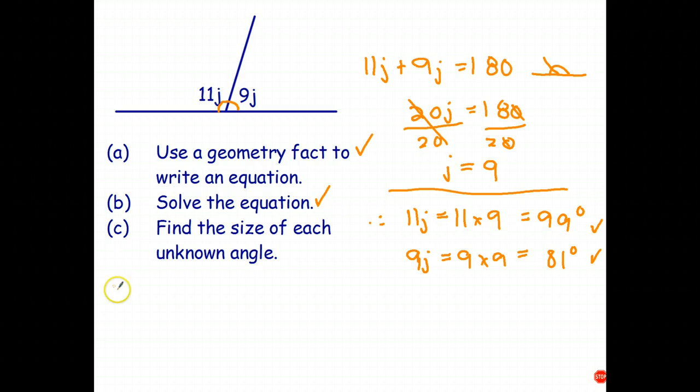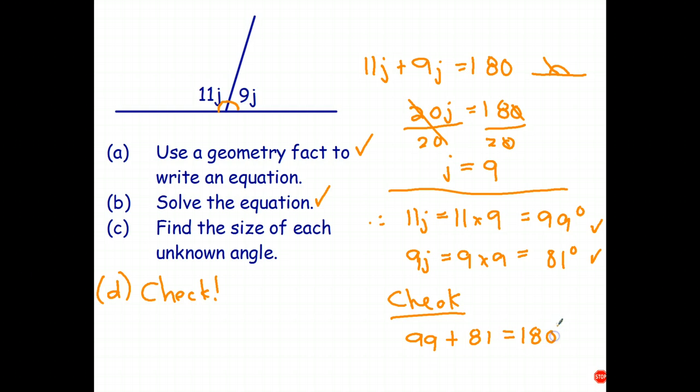And the last thing we should do, and I should have put this down as step D, is let's just check to see if we haven't made any mistakes. So what we can do for our check is just add the two angles together. 99 plus 81 does in fact add to 180, and therefore we know that we are correct.